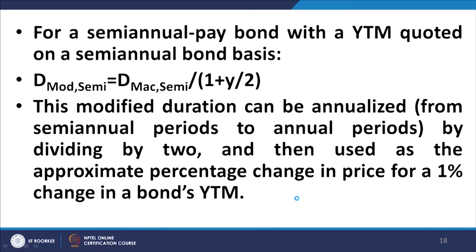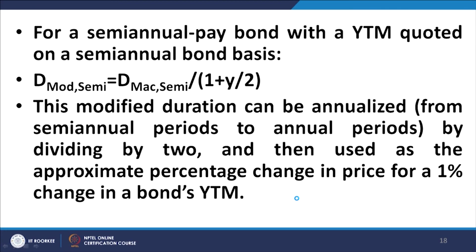This modified duration needs to be annualized by multiplying by 2, and then you can use it as a measure of the approximate percentage change for a 1% change in the bond's YTM. This is important from a practical aspect, because most bonds pay semi-annual coupons.